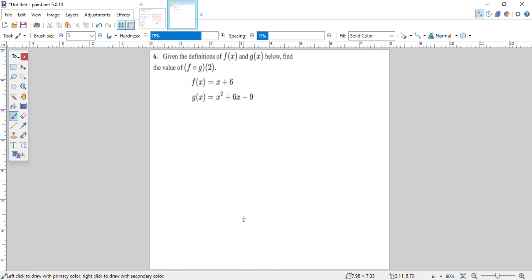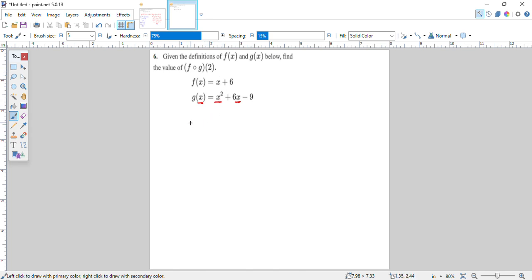So for this example, I'm only going to do what we do if we have a value. So here they are telling me that x is 2, and since f is first, we're actually going to work out g. Whatever's second is what we're going to work out. So wherever I see x in g, I am going to replace that with 2.